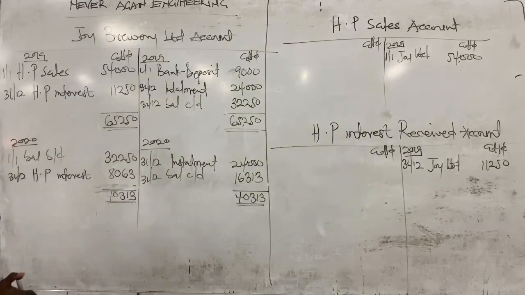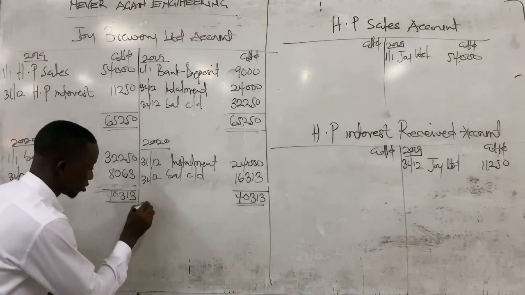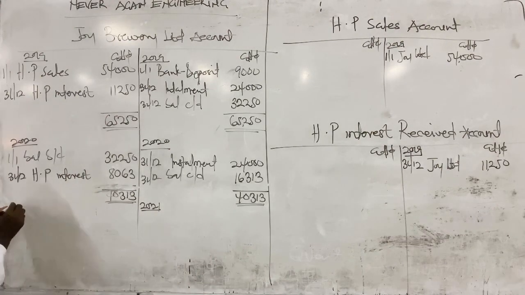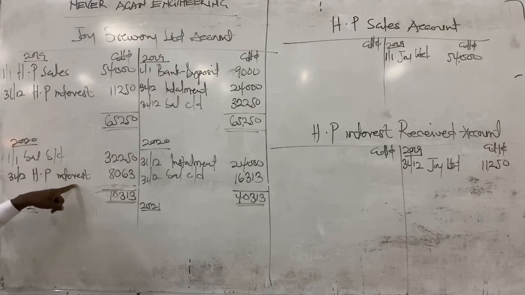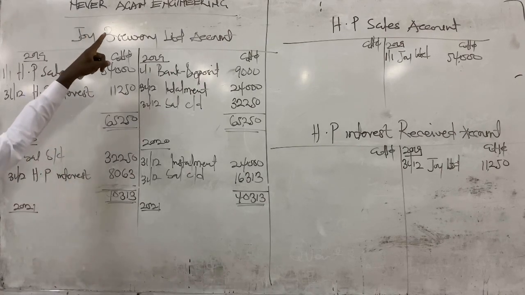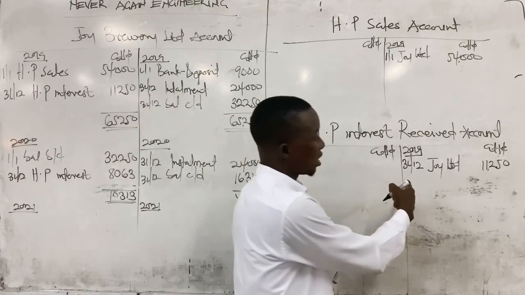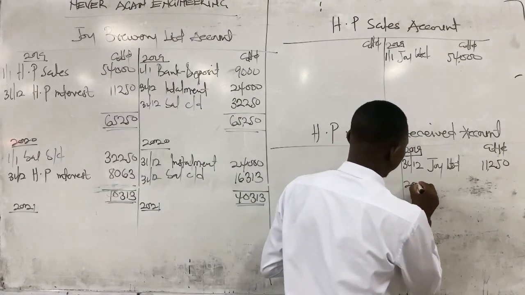Okay, so we move to a subsequent year, that is 2021. But before we move to 2021, remember that for 2020, the hire purchase interest will be an income to Never Again Engineering. So we come and credit this account for 2020.